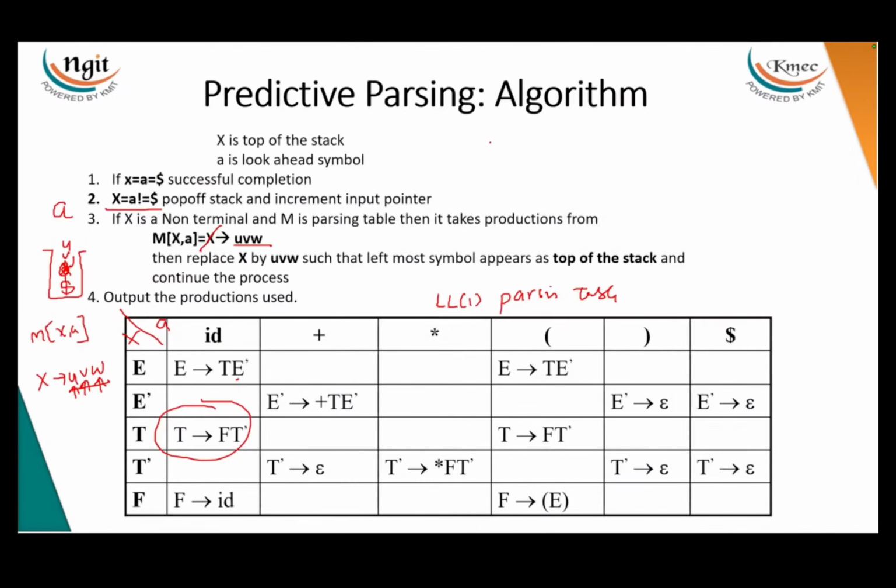Then what is the production we are going to have here? E' tends to plus T'. Then what will happen here?